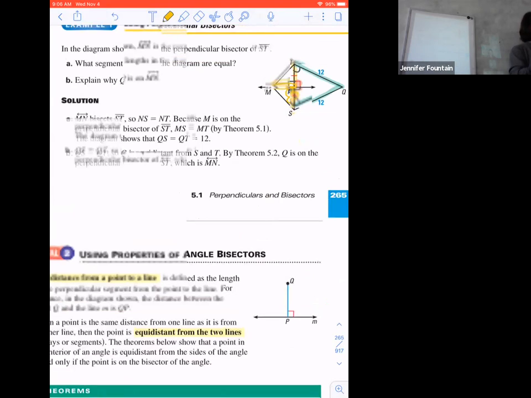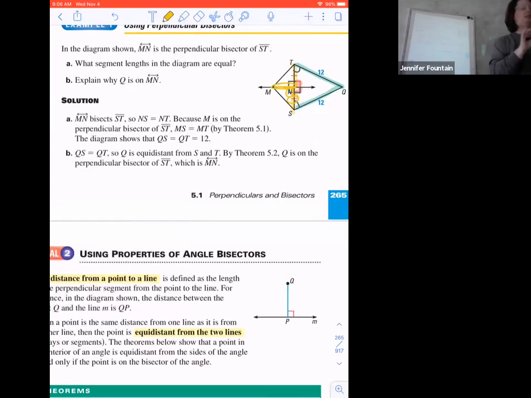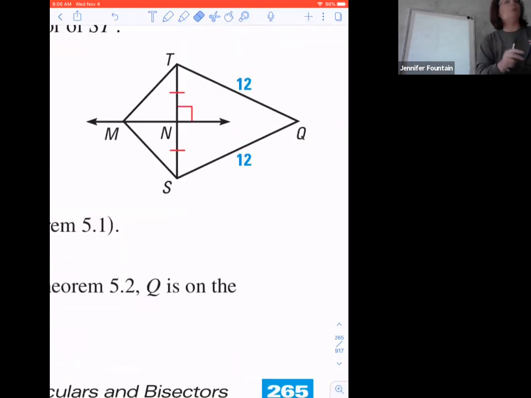And then it says to explain why Q is on line MN. Trace real quick, and let's look at our figure. How do I know that point Q would be part of line MN? Because the line has arrows going out and it's never ending.